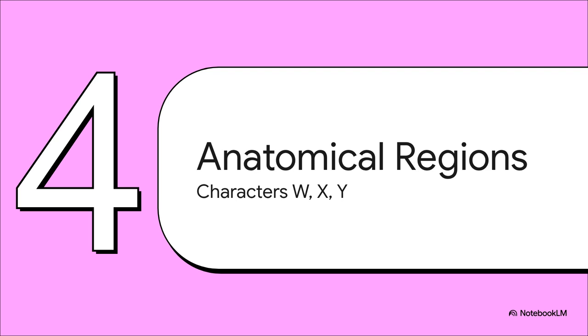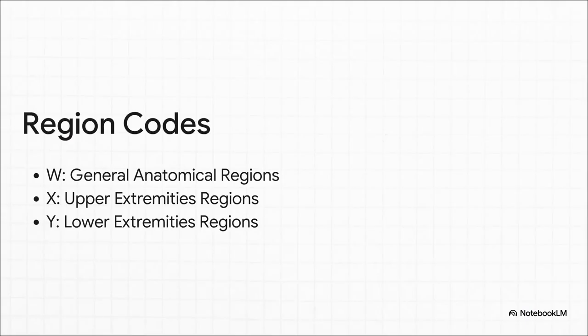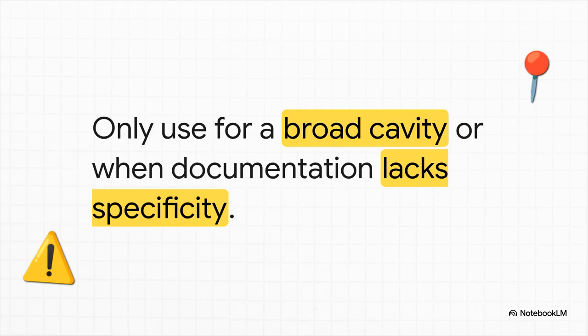Now, these act a bit differently than the specific organ systems we've covered so far. There are 3 characters that represent general anatomical regions. W is for anatomical regions general, which includes broad cavities like the peritoneal cavity, the chest wall, or the abdominal wall. Then you have X for anatomical regions of the upper extremities, and Y for anatomical regions of the lower extremities. Now, what's really interesting here is the strict limitation on these codes.